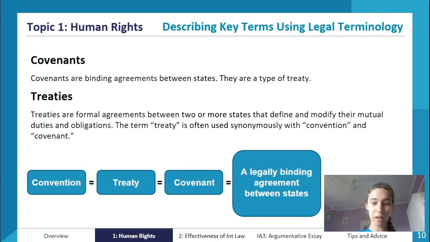So it's saying this is what we are signing up to, that we're promising to uphold in terms of different responsibilities. Down the bottom, you can see there's another one as well. A convention is also a legally binding agreement between states.